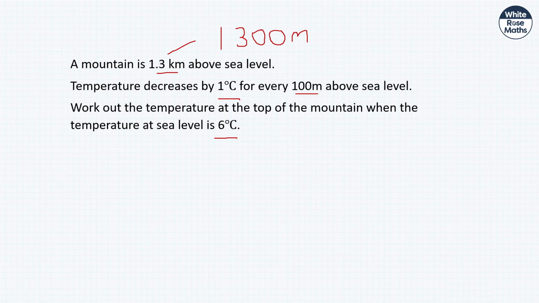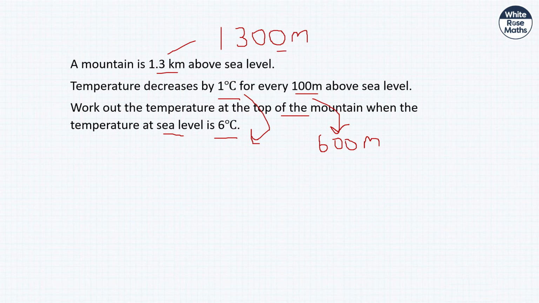Work out the temperature at the top of the mountain when the temperature at sea level is 6 degrees. So that'll be 6 lots of this, so that'll be 600 meters. From 1 to 6 times it by 6, and then from here to here times that by 6.